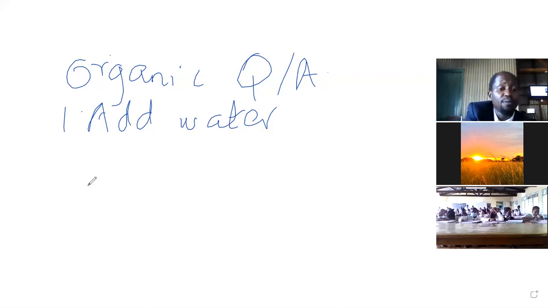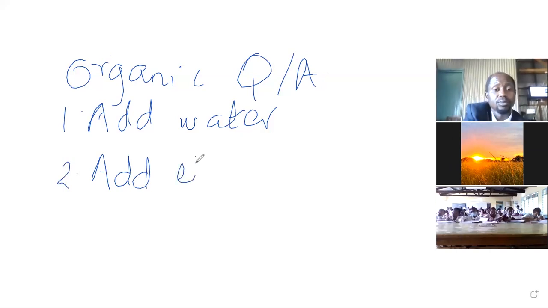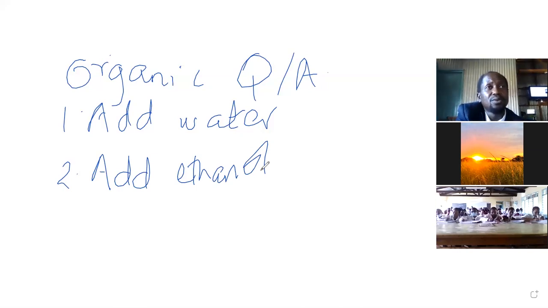Number two, addition of ethanol. The observations are similar to those of addition of water, however the inferences are the opposite.